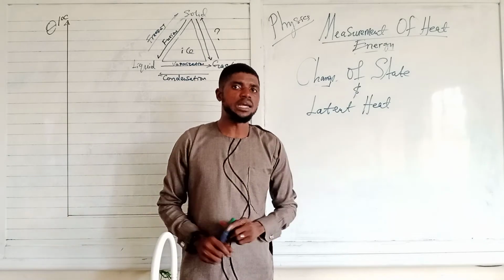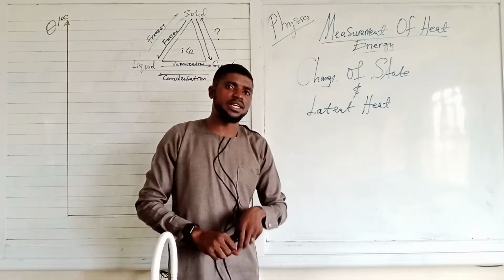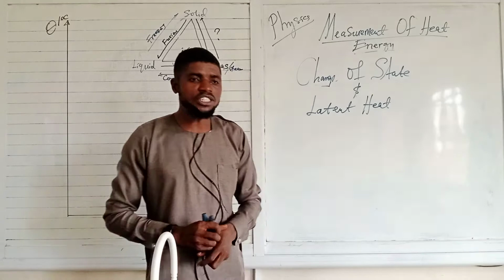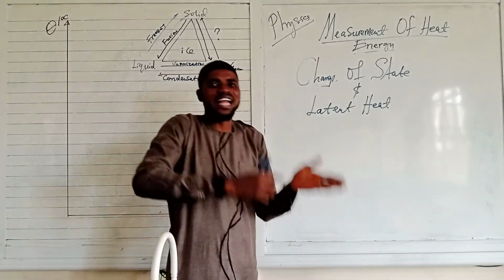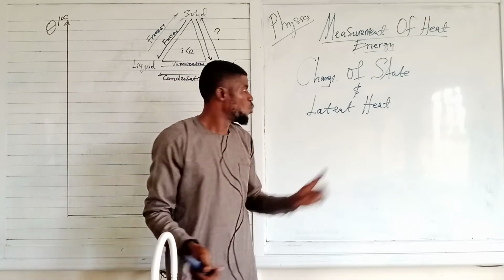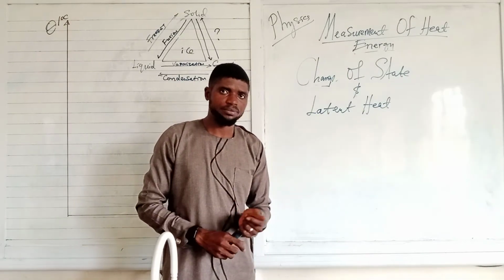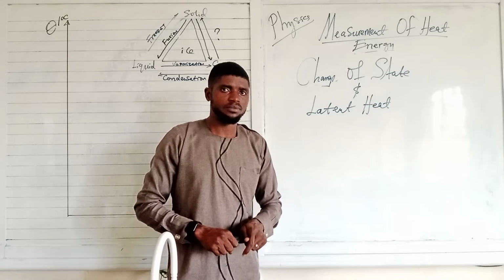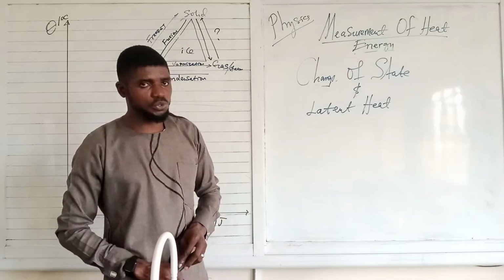In simple terms, latent heat is defined as the quantity of heat energy that is required to change the entire mass of the substance from one state to another state of matter without a change in temperature. I hope that is well understood.